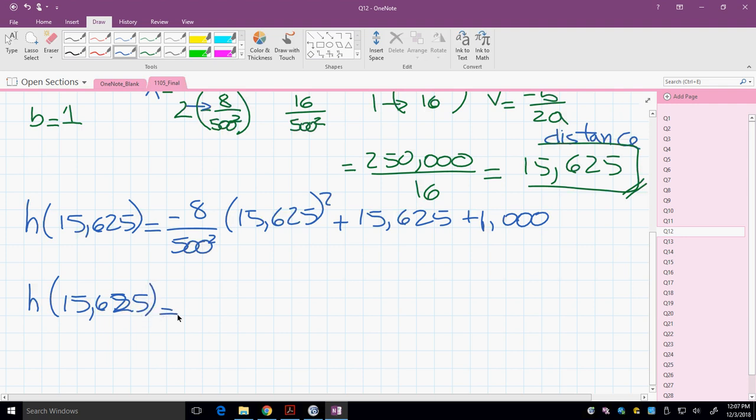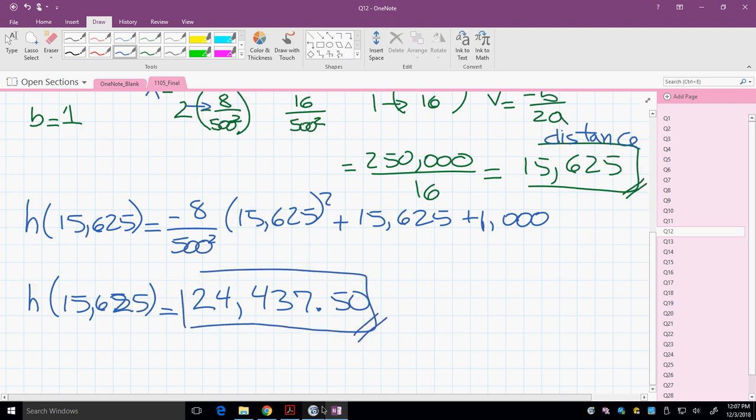If you put all that in your calculator, you will get 24,437.50. That will be the maximum height.